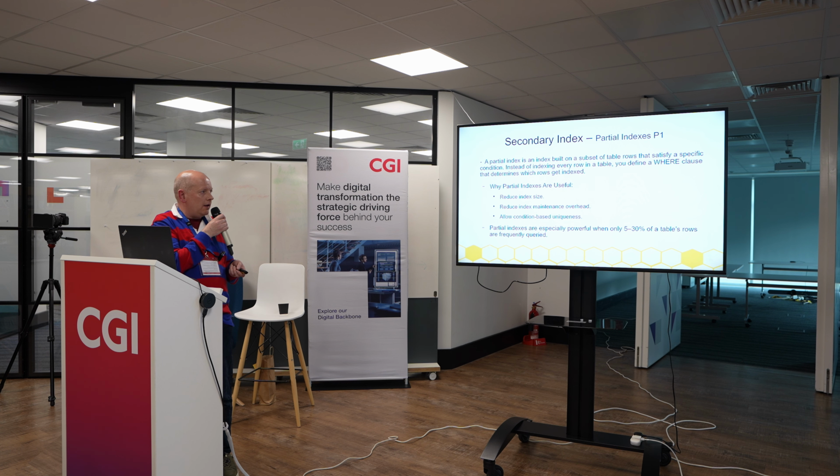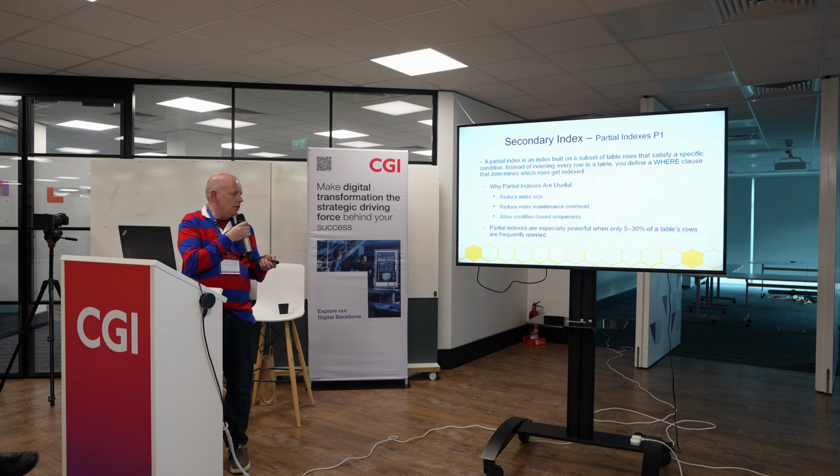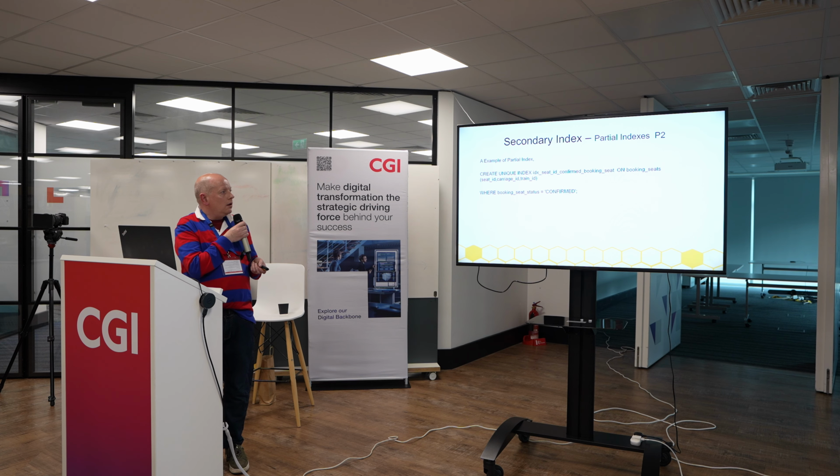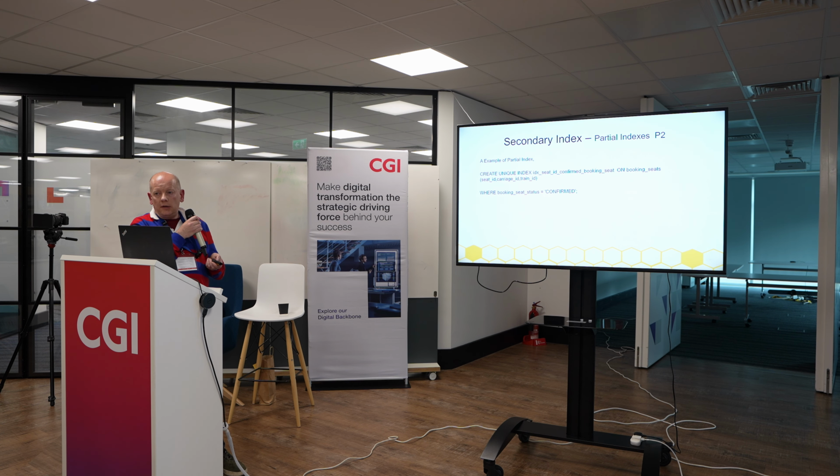Instead of indexing every row in a table, you define a where clause that determines which rows get indexed. Partial indexes reduce index size, reduce index maintenance overhead, and allow condition-based uniqueness. Partial indexes are especially powerful when you're only looking for 5 to 30% of the table row set. So that's an example of a partial index.